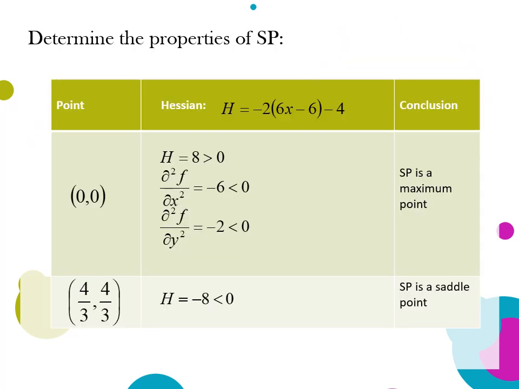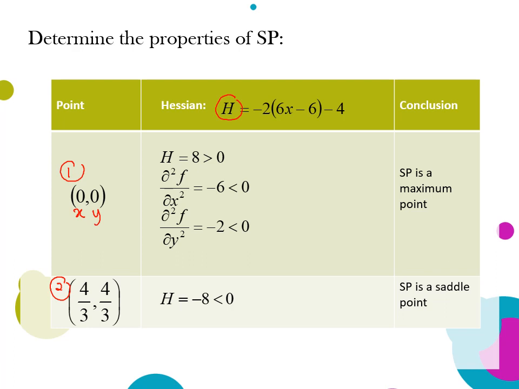Okay, so it is easy for us to make a table like this so that it is easy for us to see what happened, and it's easy for us to check later, rather than just writing it randomly on our paper. So you have the first point here and the second point in this row. This is for the Hessian. To find the Hessian, x is 0, y is also equal to 0.